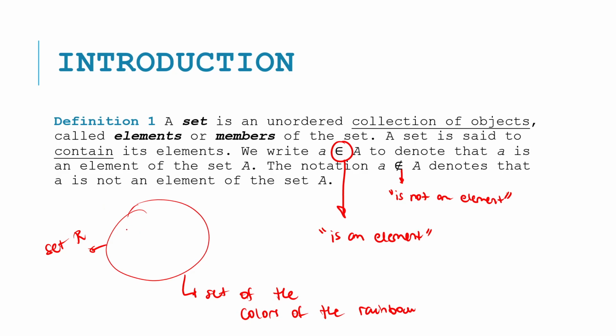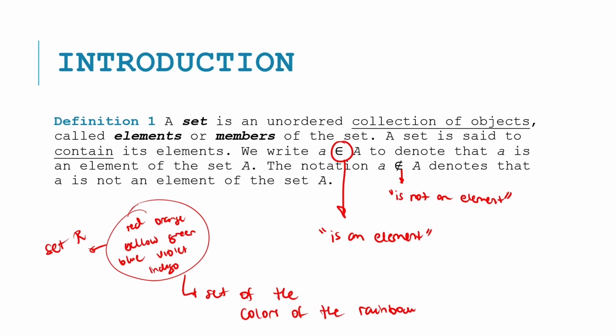So what are the colors of the rainbow that we know of? We have red, orange, yellow, green, blue, violet, and indigo. Right? So these colors here are the elements or members of the set.